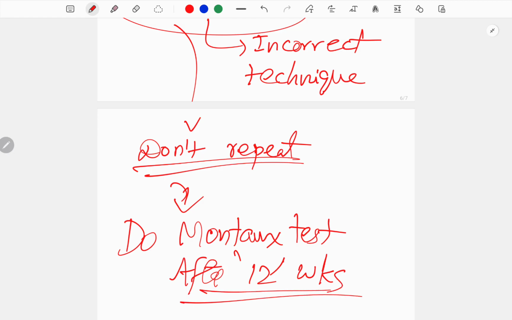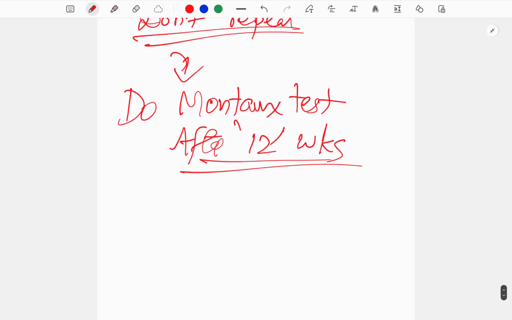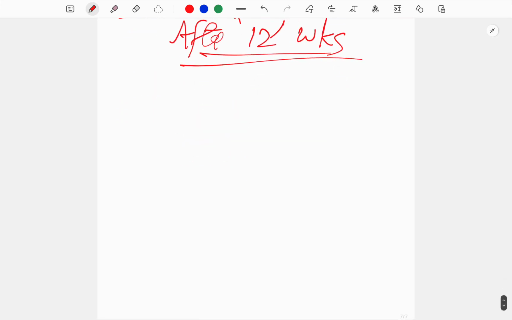Right? Then we are going to talk about hepatitis B. Right? Hepatitis B, how it is injected and how many doses and within how much time we have to inject it as doctors.